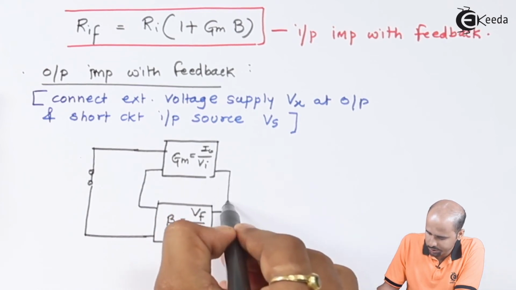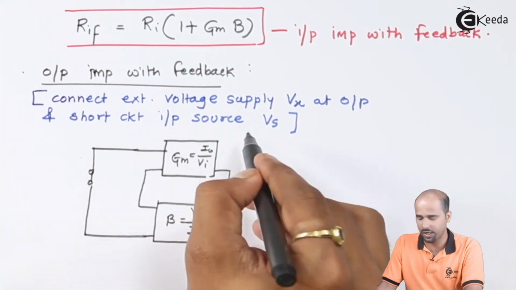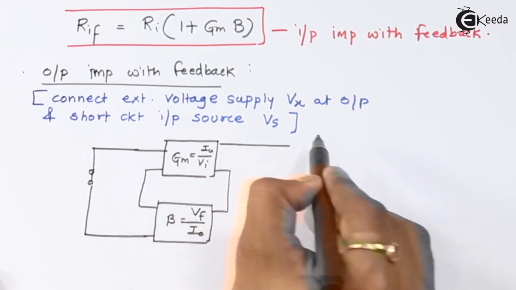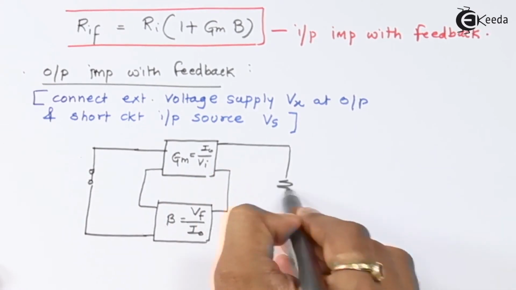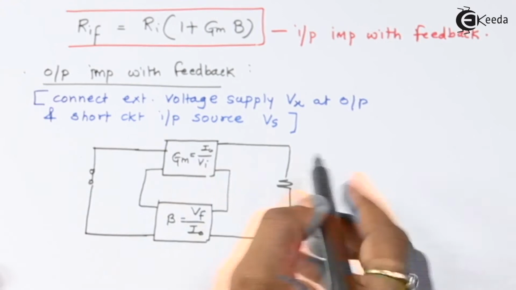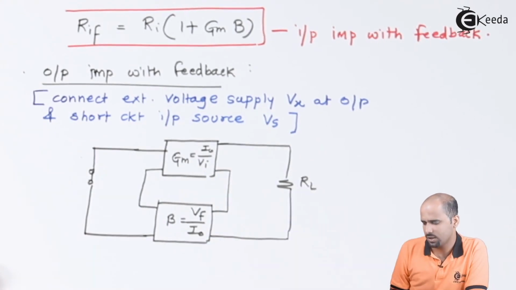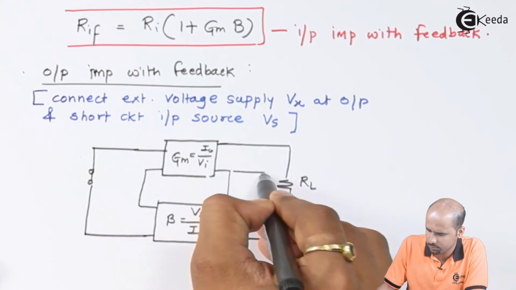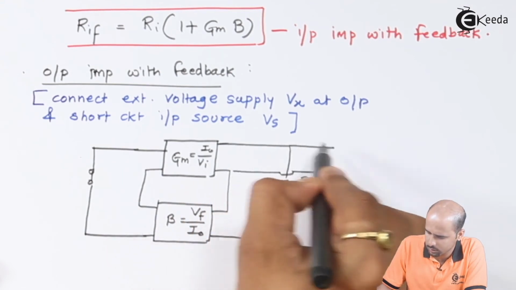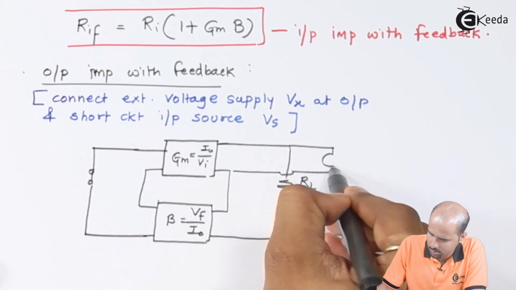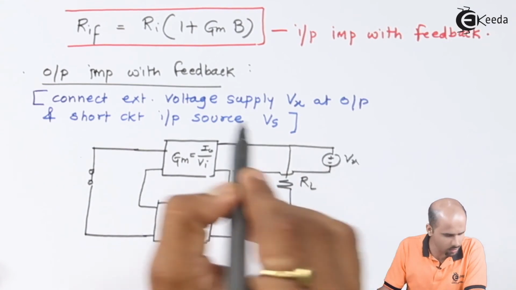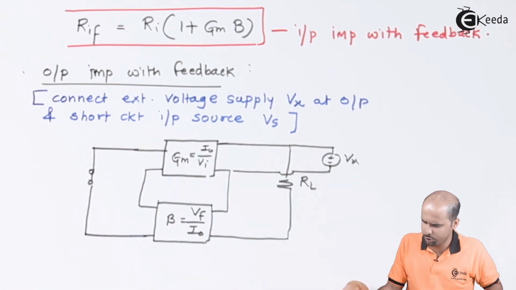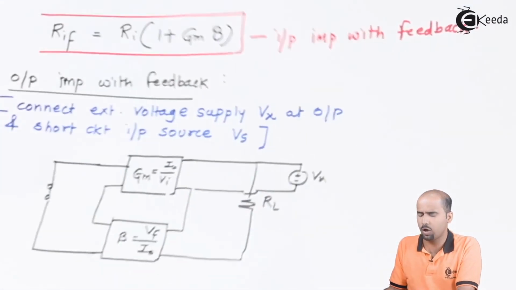This Io is over here, right? This is RL. A simple connection that we have to understand, the fact that here we have to connect the Vx.